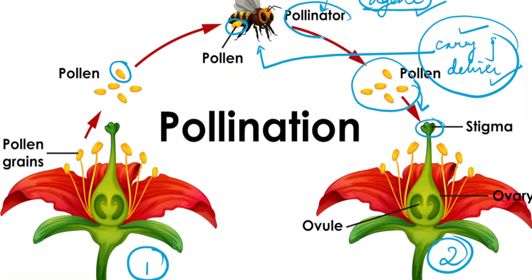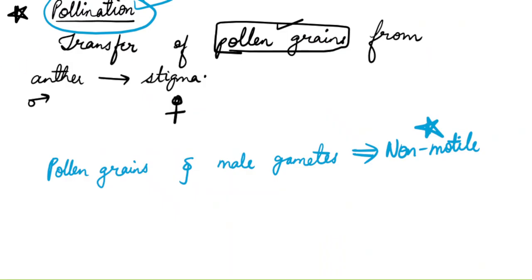In proper language we say it as pollinator. It carries pollen and the process is known as pollination. I hope you understand these three very important words: what is pollination, why pollination is needed, and who is doing pollination.